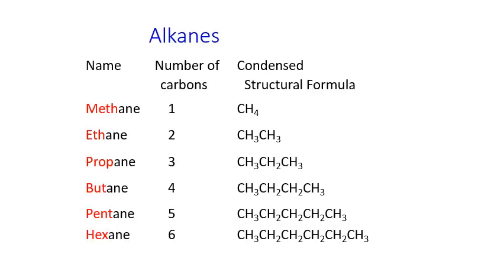There's an example there, and this is how we name them. If you have one carbon, they have the meth prefix, for example, methane. If you have 2 carbons, the eth prefix. 3 carbons, the prop prefix. 4 carbons, the but prefix. 5 carbons, the pent prefix.